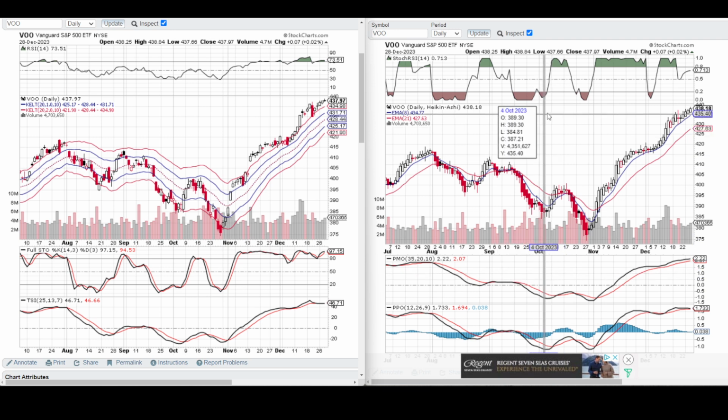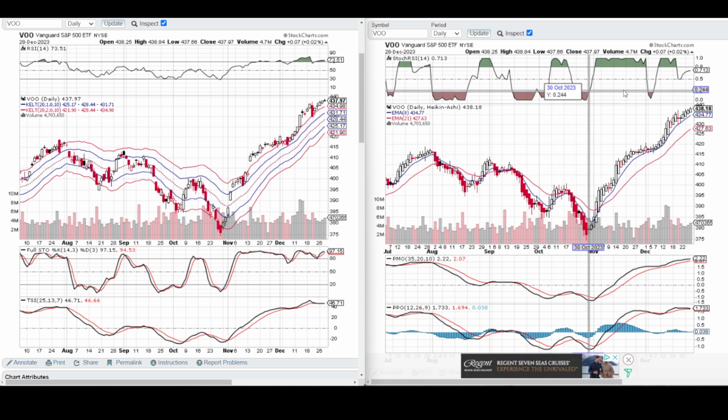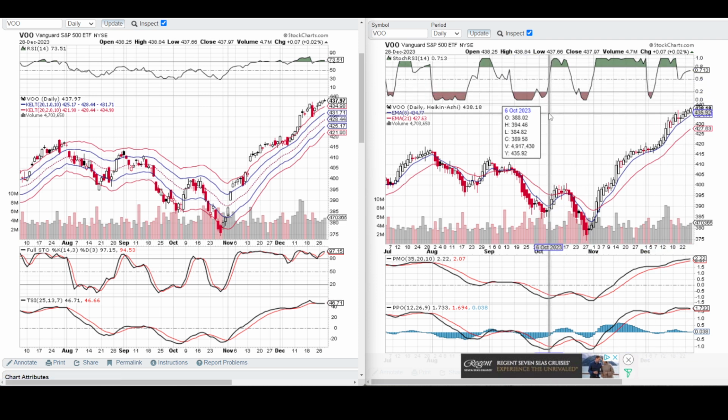Okay, you can see clearly up here on the stochastic RSI that the price went from down below in the red here to the upward to green very quickly. Okay, you can also see right here, this is how I read the Heikin Ashi. First you get this doji right here on October 5th, this black doji right here.